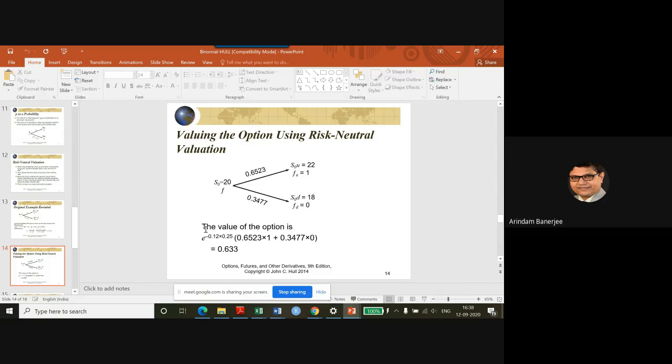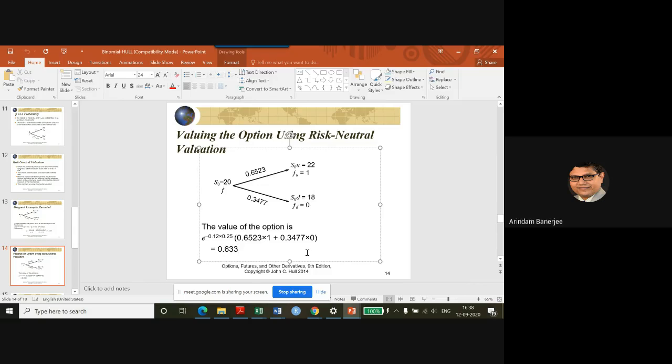My value of option is e to the power minus R, 12%, it is given already earlier, into T. T is 3 months, so 3 by 12. So 0.6523 into 1 plus 0.3477 into 0. 0 is the option value here. So I am getting the same result, 0.633.